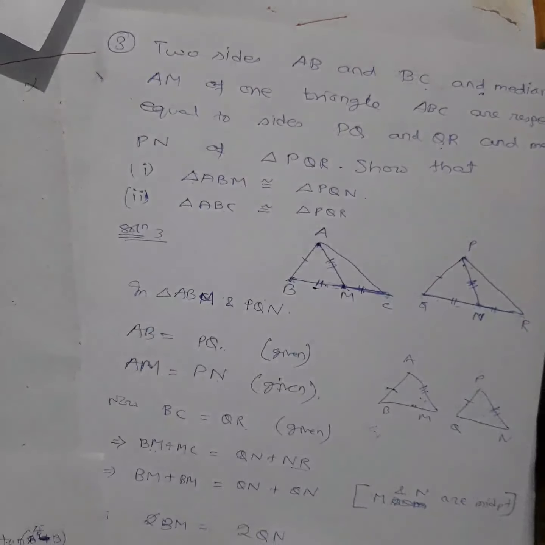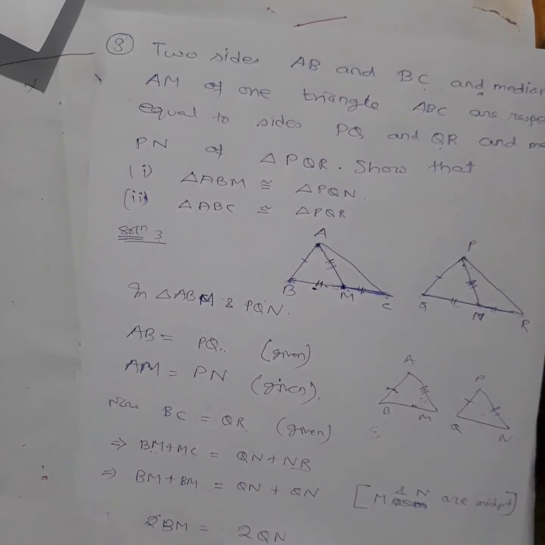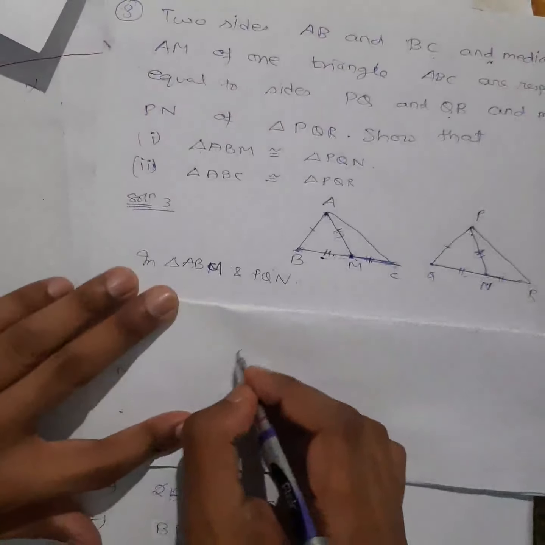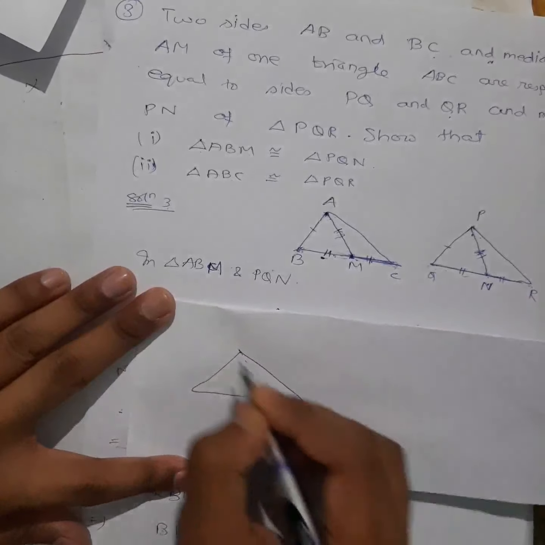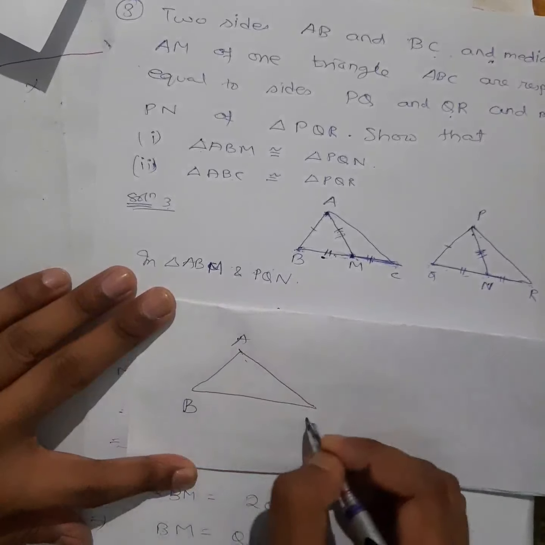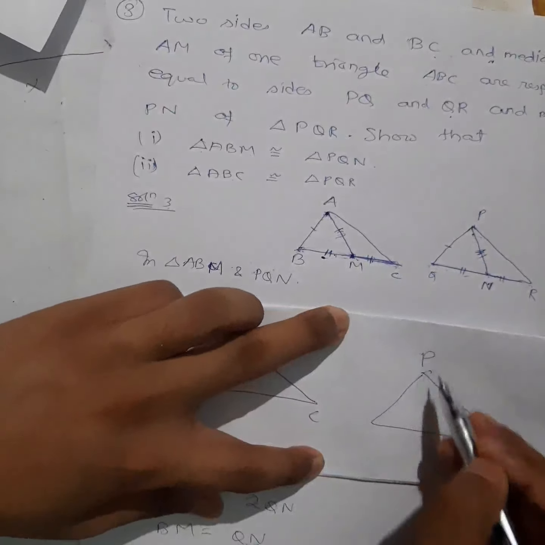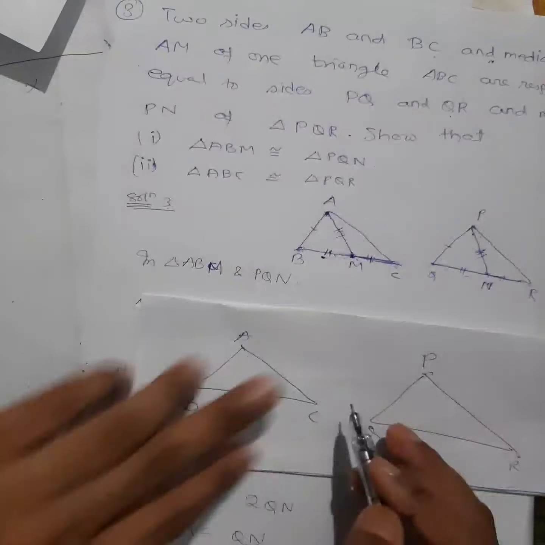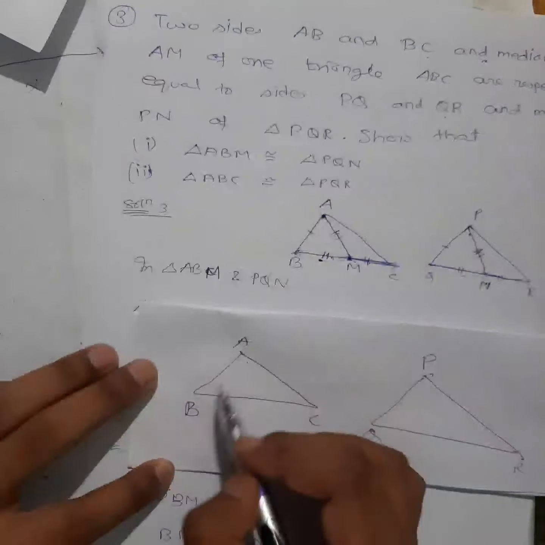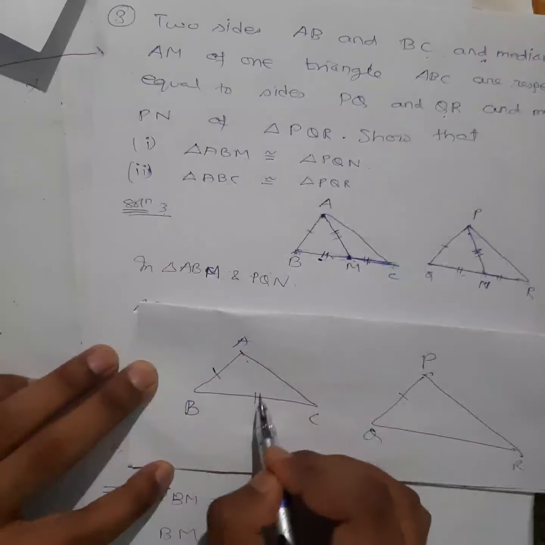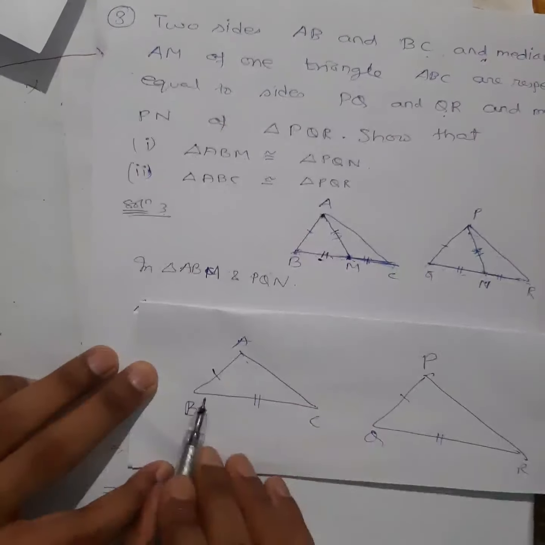See carefully here. You have to show triangle ABC is congruent to triangle PQR. Now according to the question, they have given this side and this side same, this side and this side same.